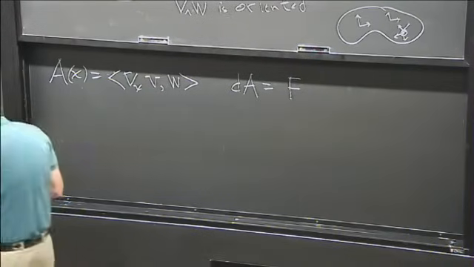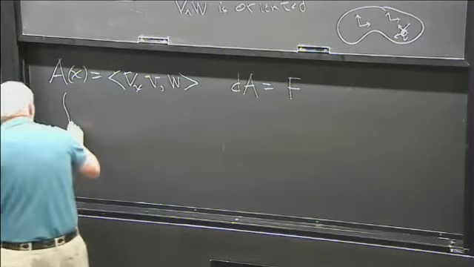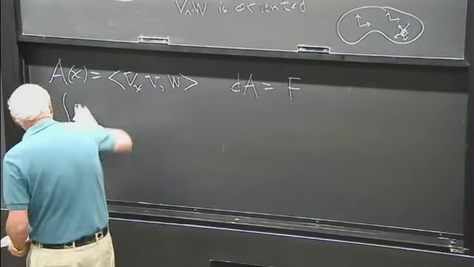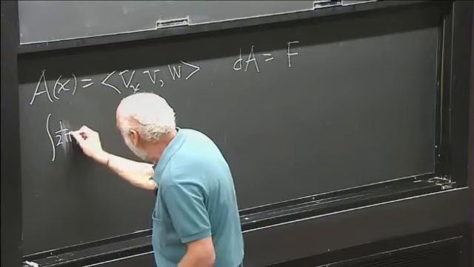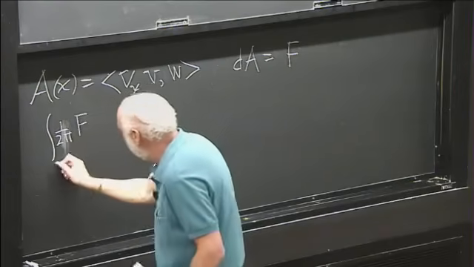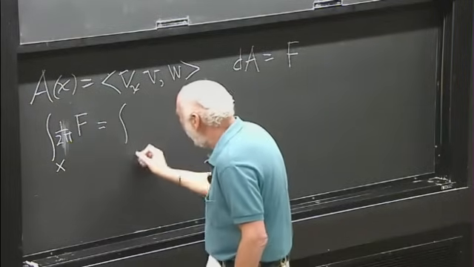So now I'm going to integrate. Here's what I'm going to do. I'm going to integrate F. I guess I have to take 1 over 2 pi. Yeah, okay, 1 over 2 pi F. I'm going to integrate this over X.